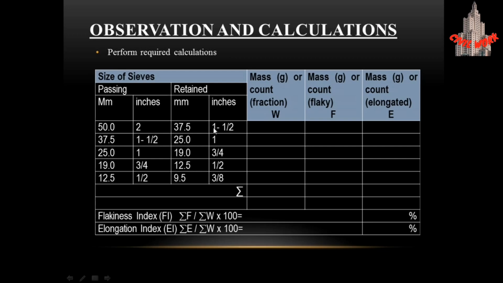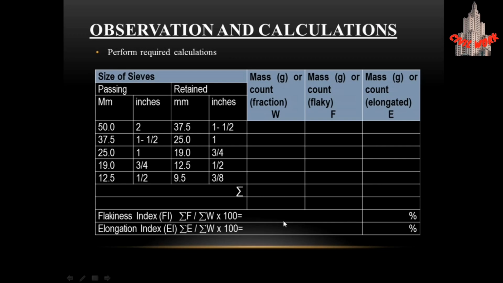Then we have the mass or count, which is W1, W2, W3. Then we have the mass or count, which is flaky, F1, F2, F3. After passing through the elongation gauge and flakiness gauge, then we have the mass or count elongated, which is the mass or count that comes from the elongation gauge after passing through it.